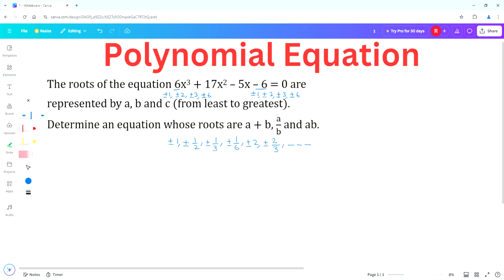is equal to 0. Now we have to sub in these possible x values one by one and see which of them makes the value of the polynomial equal to 0. Let's assume the given polynomial can be represented by a function f at x.